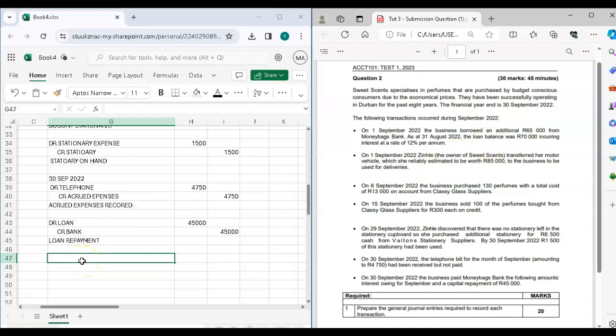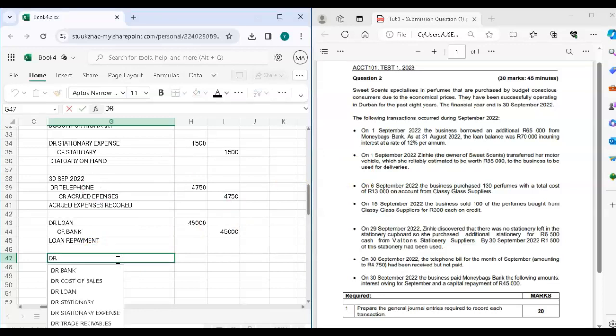Okay. Now you want to record the interest for this month. So it's 135,000 times your 12%, because that's the interest rate, times 1/12. Why 1/12? Because it's only for 1 month. Okay, 1 month interest. Because general journal is only for 1 month. So what you're debiting? You're debiting your interest expense, okay? Because you need to record that as an expense.